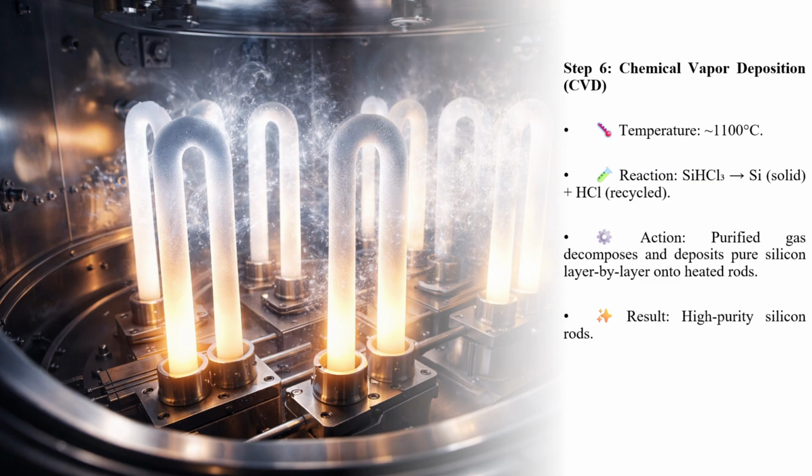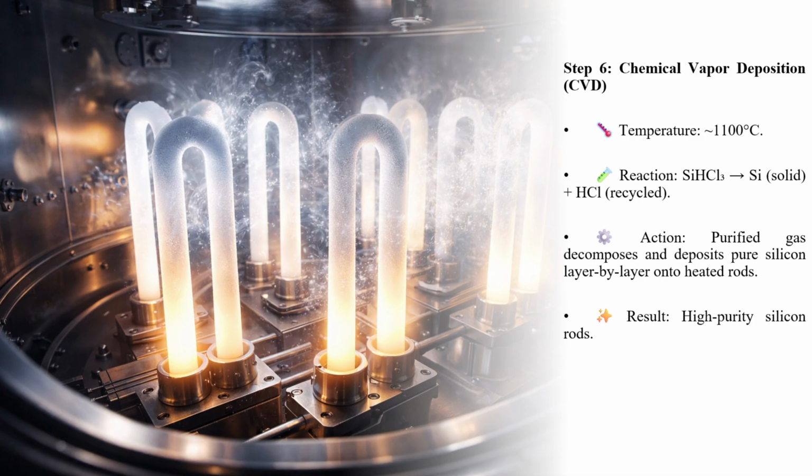The gas breaks down, and pure silicon deposits on the rods. You can see the rods. The hydrogen chloride in this process can be reused again. Basically we are building ultra pure silicon layer by layer. This is called the CVD process, chemical vapor deposition.